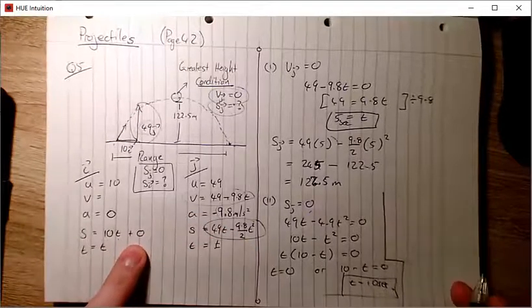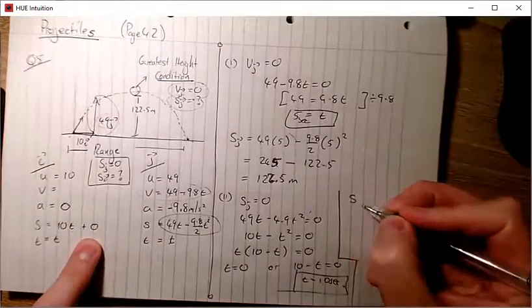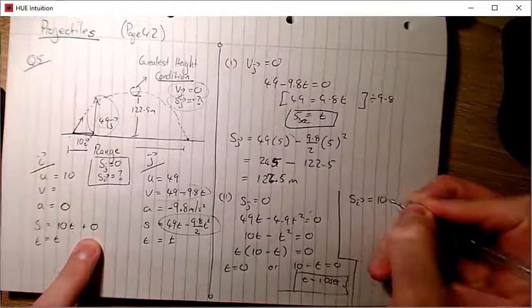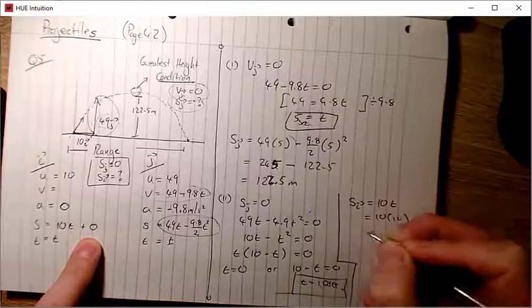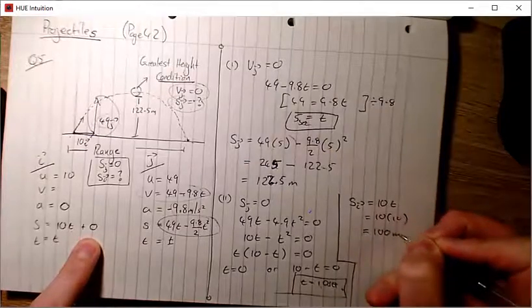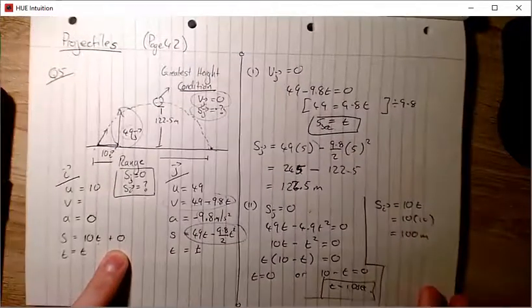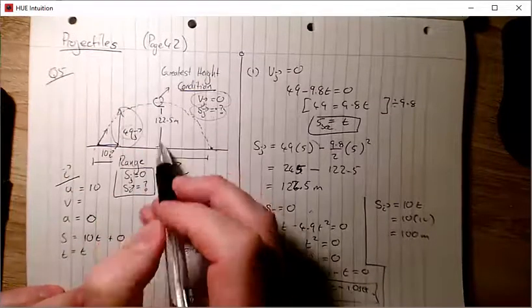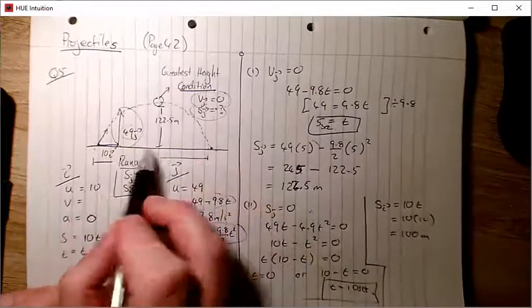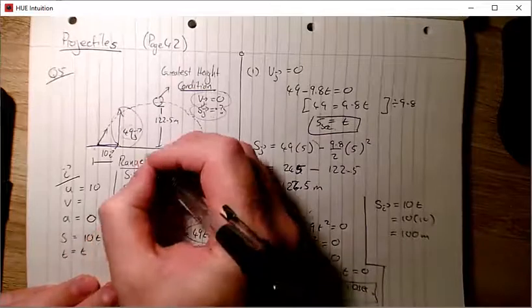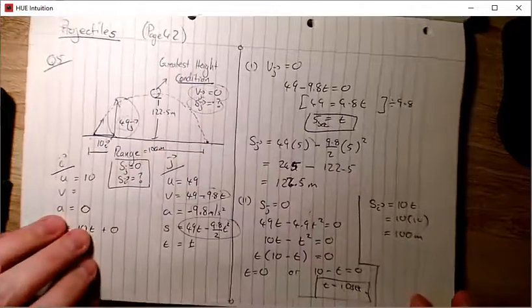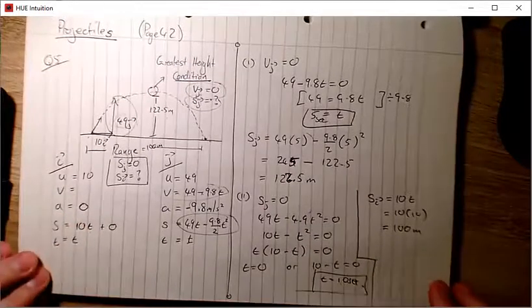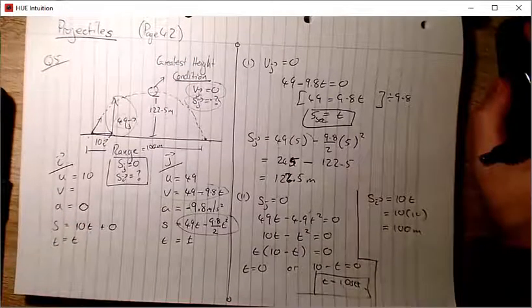So displacement in the I direction is going to be 10t, which is 10 times 10. That's 100 meters. So for this projectile, it's traveled 122.5 meters in height, and by the time it lands, it's traveled 100 meters across. So that is maximum height and range. Those are really, really common questions.